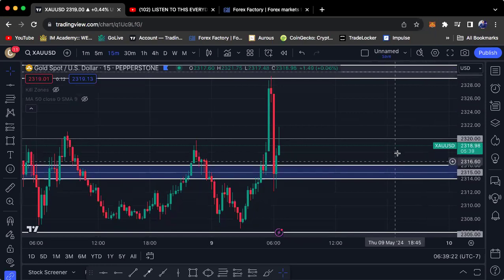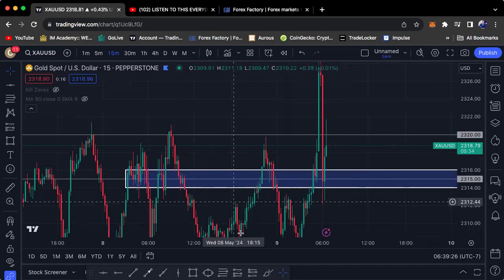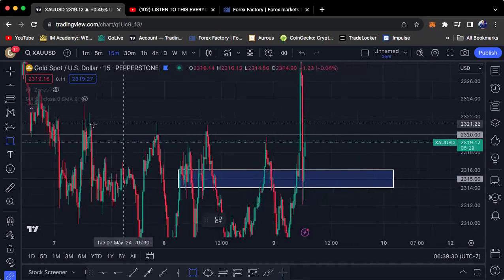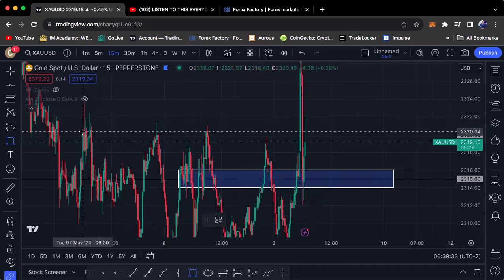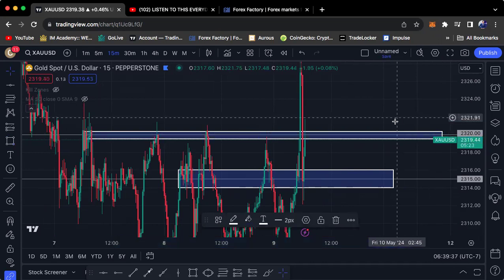So my internal zones are like 50 pips apart, away from each other. So this could be my resistance here.